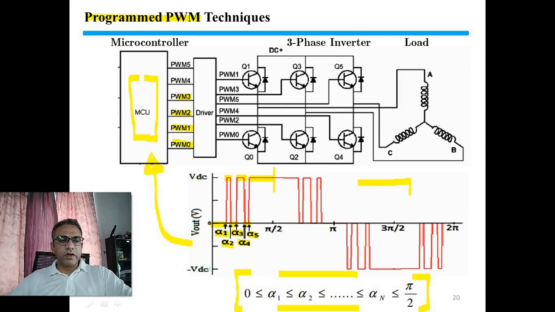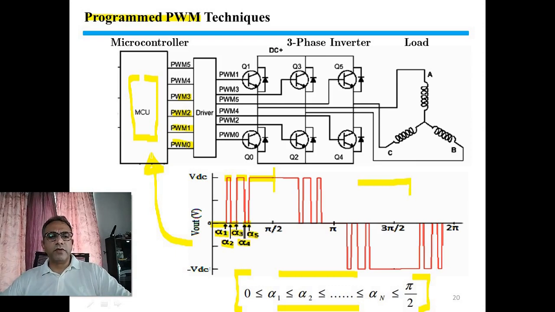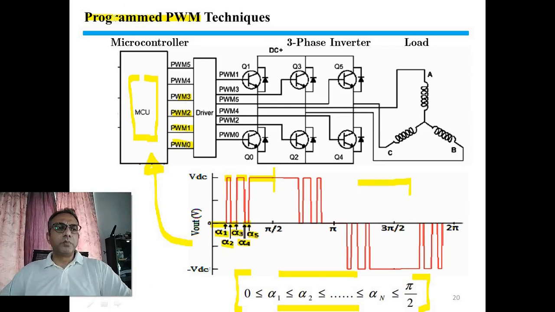So in an easy case, if we want to get a square wave, then we can program PWM 0 to PWM 5 to be on from 0 to pi, and then to be off from pi to 2 pi. So this means that to get program PWM, we need the angles alpha 1, alpha 2, alpha 3.